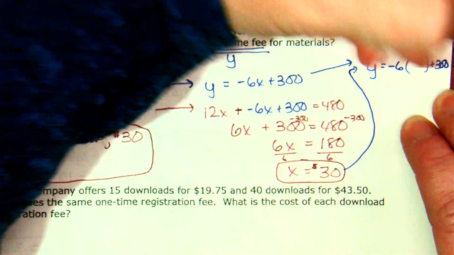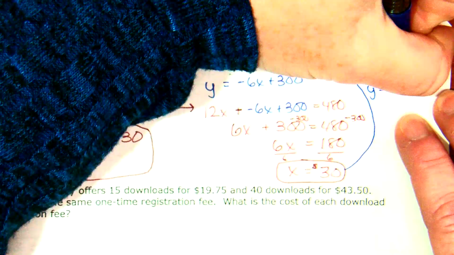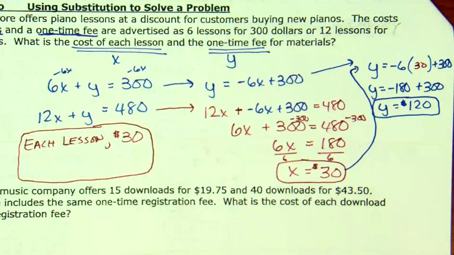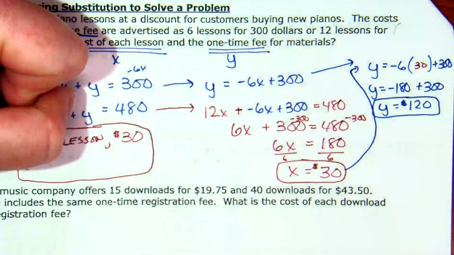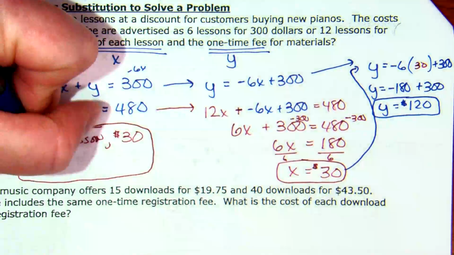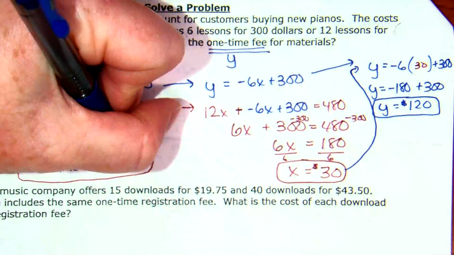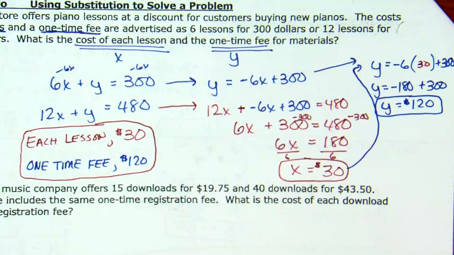Negative 6 times 30 is negative 180 plus 300, 120. 120 what? $120. And what is that $120? One-time fee is $120. Yes. Negative 6 times 30 is negative 180.